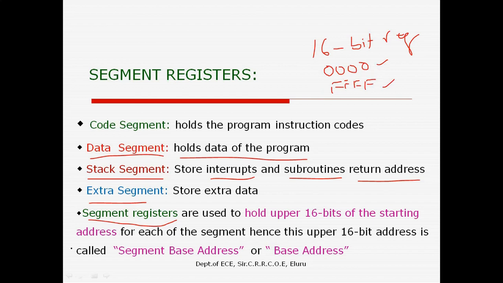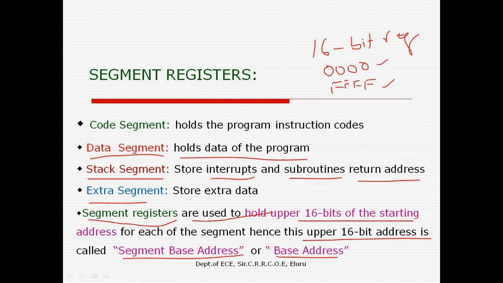The segment registers are mainly used to hold the upper 16 bits of the starting address for each segment. Hence, this upper segment address is called the segment base address, or simply the segment address.